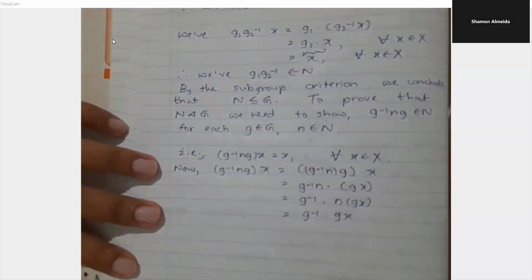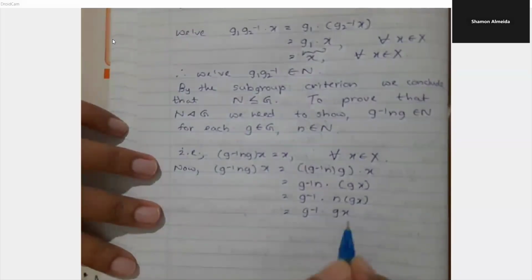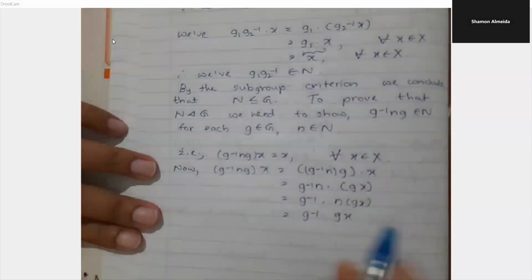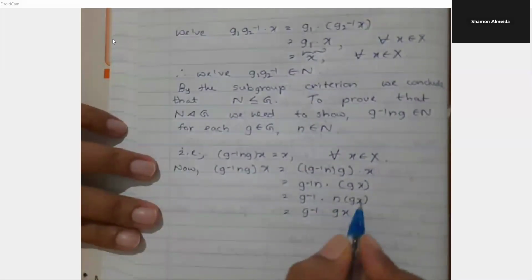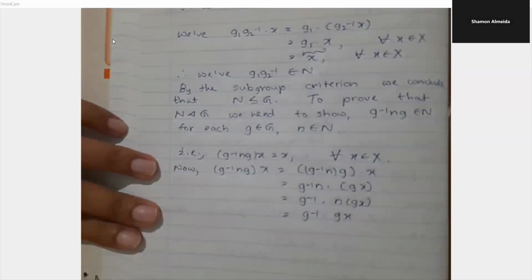Why is that? Why do we have n dot gx to equal gx?